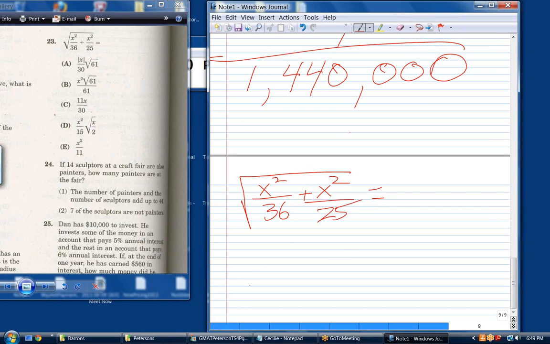Clearly, the square root of a squared plus b squared is not a plus b, right? So we know that much. So it's not x over 6 plus x over 5. So we have to do this problem a different way. What's our first step need to be?